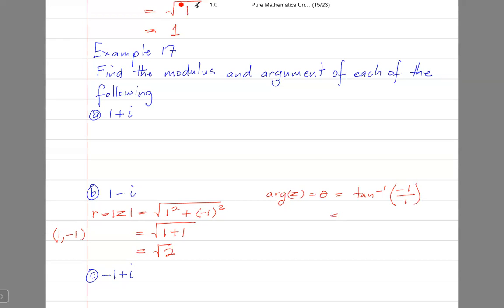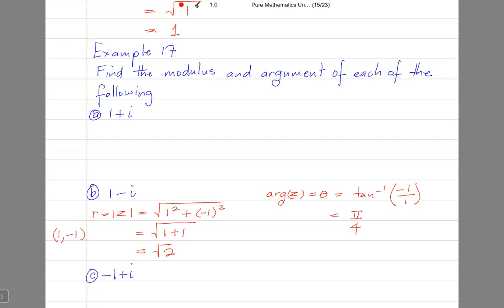And the tan inverse of 1 is 45, which in radians is pi by 4. So the modulus is root 2, and the argument is pi by 4.